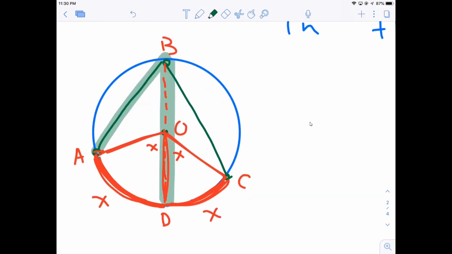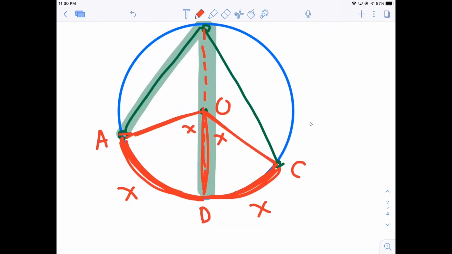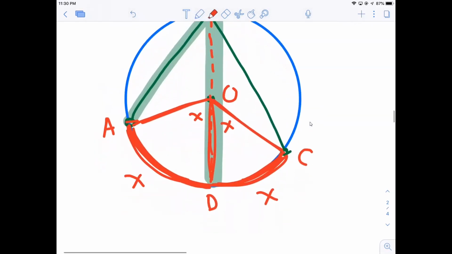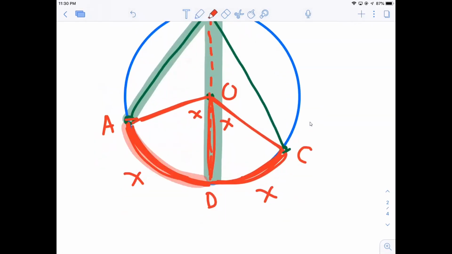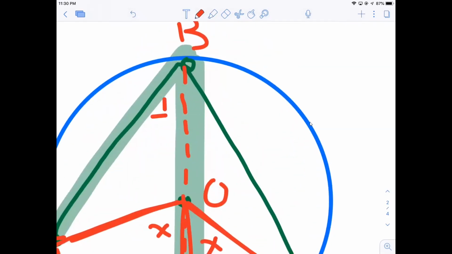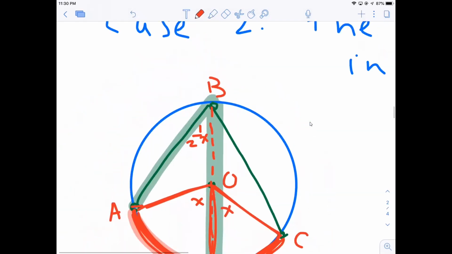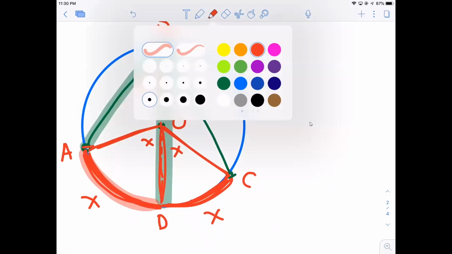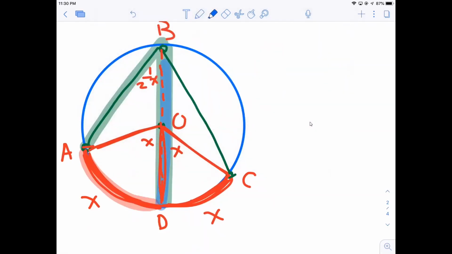So from our first case, we know the measurement of angle ABD is half the measure of arc AD. There's our inscribed angle, ABD, intercepting this arc AD, which means it will be half of that measurement, half of x. Same thing for the measurement of angle DBC, that's also going to be half of x.